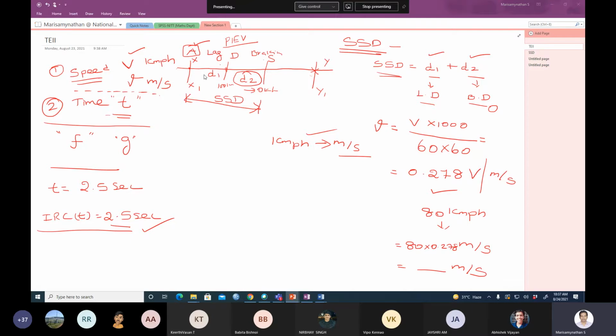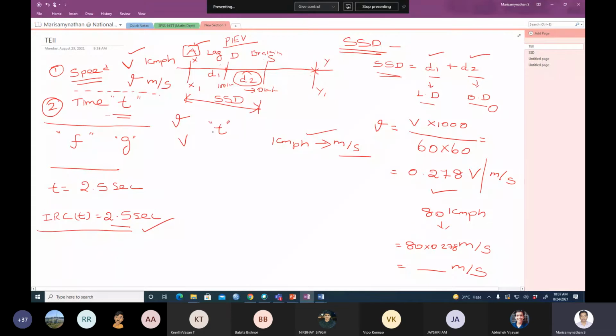This D1 is the distance traveled by the vehicle at the design speed or vehicle speed, which may be V or capital V depending on kilometers per hour or meters per second. During that time the driver is reacting, and this is the reaction time t.